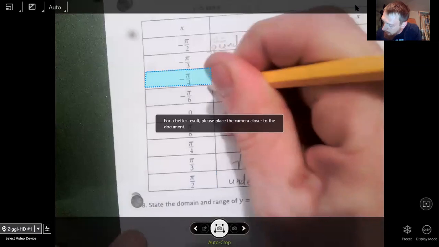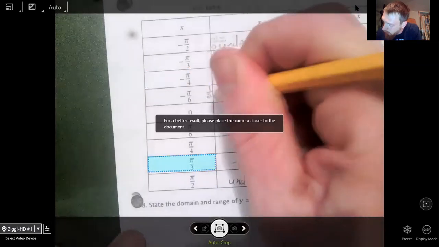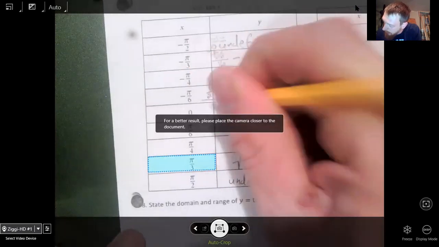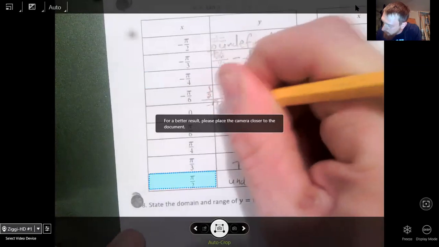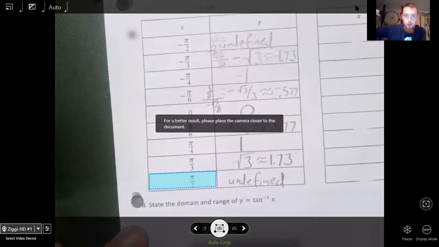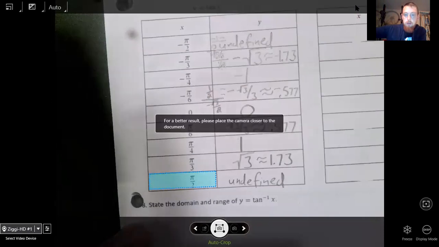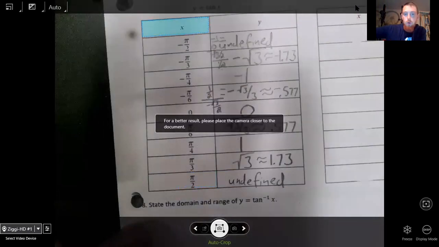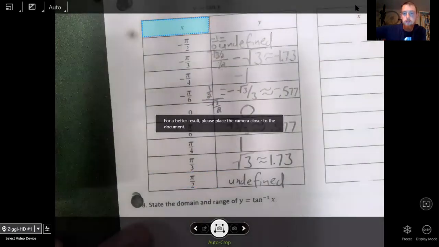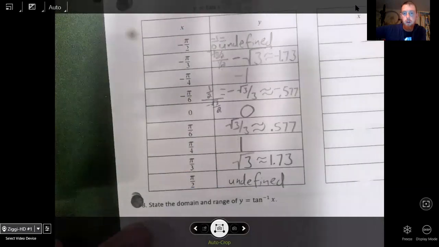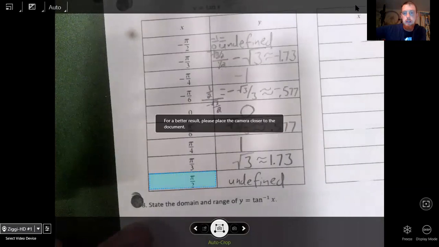That's 1/2 over negative root 3 over 2. When you work that division of those two fractions out, you get negative square root of 3 over 3 when you rationalize the denominator.